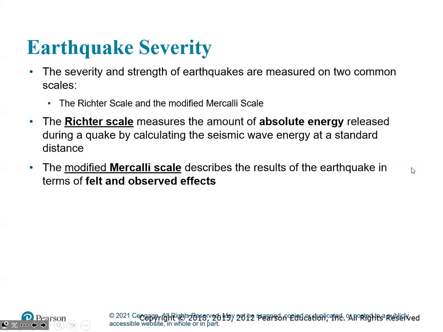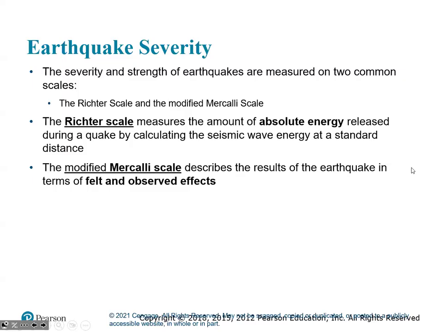So the Richter scale was originally based off the height of the highest peak in the seismograph. It's been modified a bit since then to deal with bigger earthquakes where it doesn't work as well, because it turns out instead of getting higher peaks, you get more of them. And then the modified Mercalli scale.